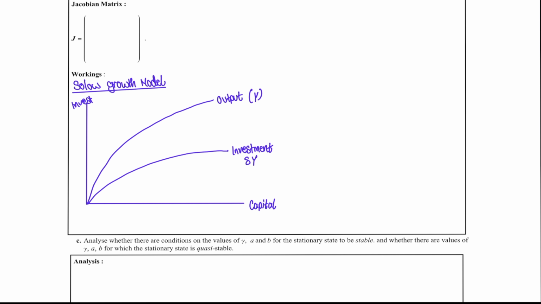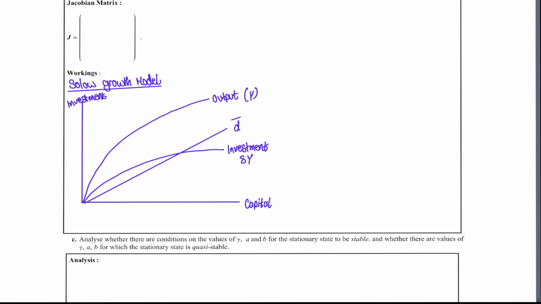So let's put investment over here. And let's say there's also capital depreciation, which happens, which is going to be some level of capital. So some of the capital every year will depreciate.